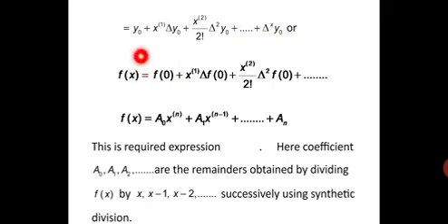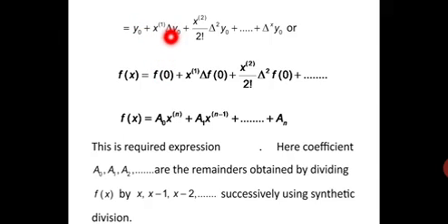Now we can say y naught is written like this, and this is after the substitution at the single point. This is a function, therefore I can say y of 0 is equal to f of 0.